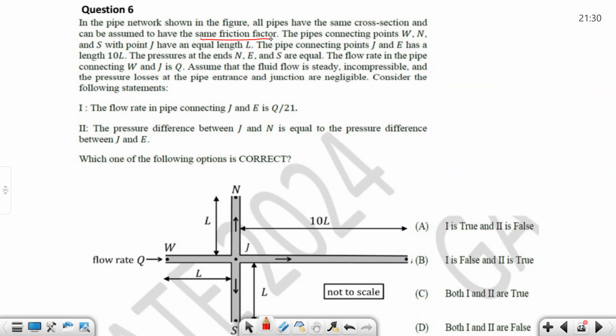So the same cross section means the diameter D is the same, and the friction factor f is the same for all the pipes. The pipes connecting W, N, and S with joint J have equal length, L, L, L, but this one is 10 times that. The pressure at the end, N, E, S.